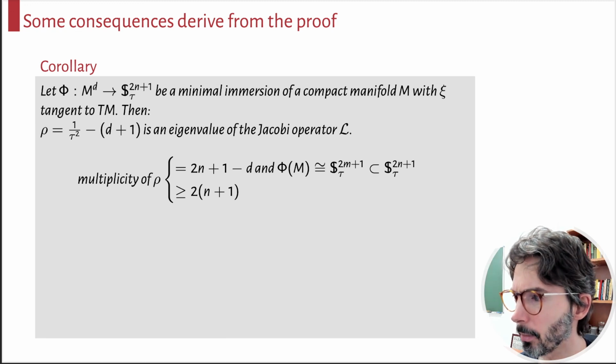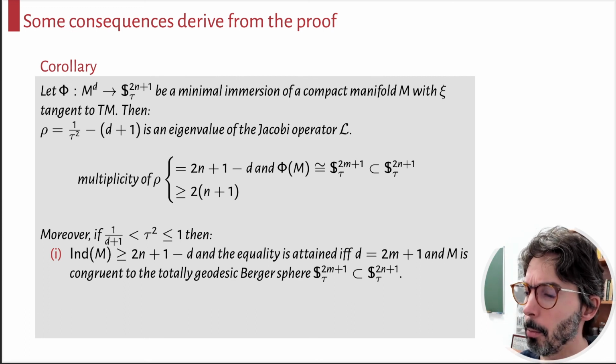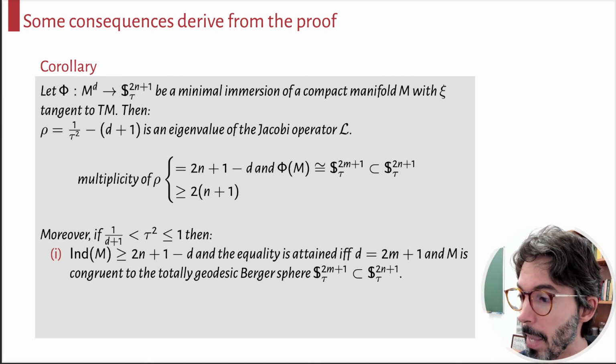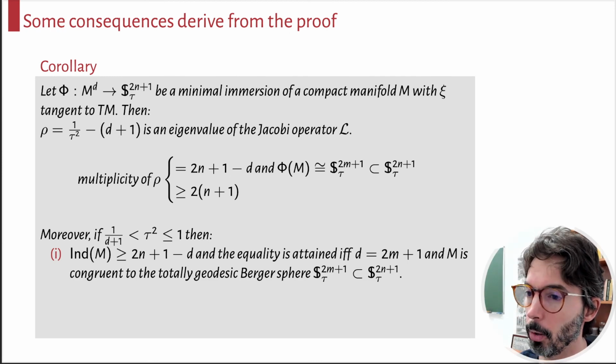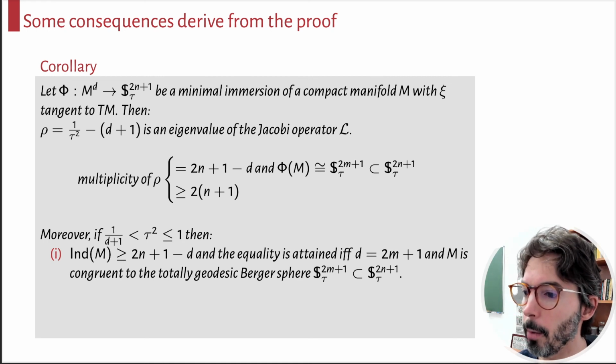Moreover, if we restrict the parameter tau to the interval between 1 over the special value and 1, where we already know that there are no compact minimal stable submanifolds, then the index of any submanifold with this property of having psi as a tangent vector field is always less or equal than the codimension, and equality is attained if and only if the dimension is odd and M is congruent to a totally geodesic Berger sphere.